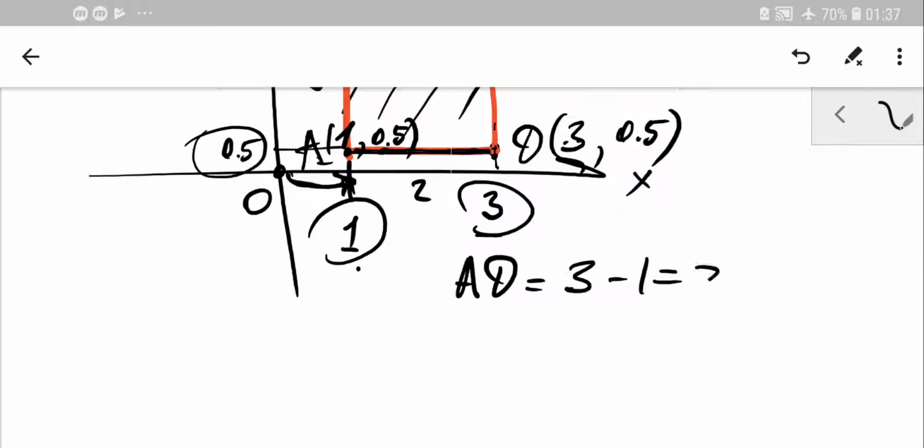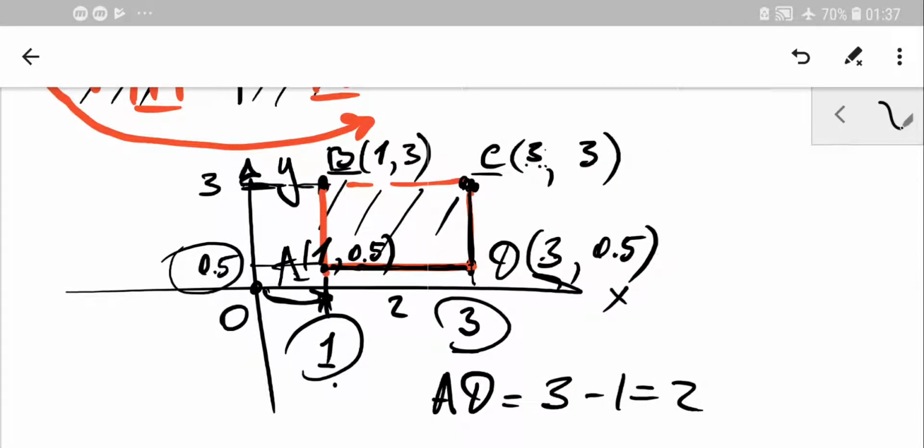1, that is 2. Also, you might be asked to define distance CD, which is basically from 3 to 0.5. As you remember, distance is always a positive value, right?